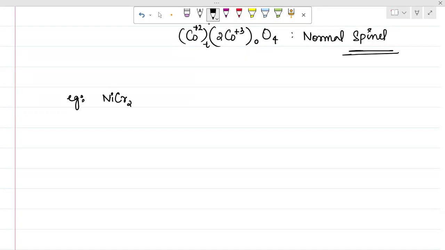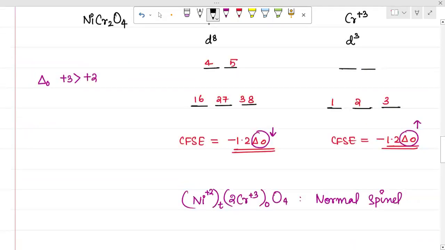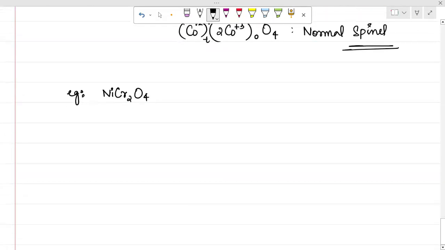NiCr2O4, this particular example. We have already done this example. Oh, not this one, sorry, NiAl2O4.